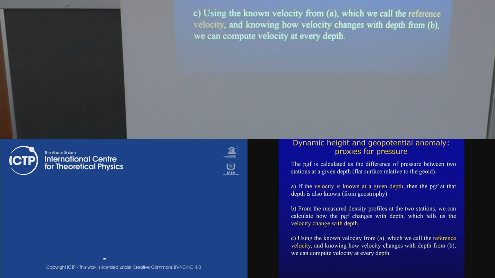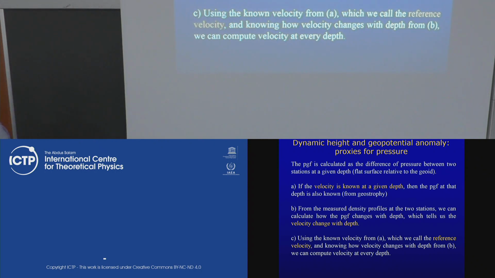Okay, so the pressure gradient force is calculated as the difference of pressure between the two stations at a given depth. So pressure at the station at a given depth, at the same height, at the same depth, which are flat surfaces relative to the geoid. If the velocity is known at a given depth, then the pressure gradient force at that depth is also known from geostrophy.